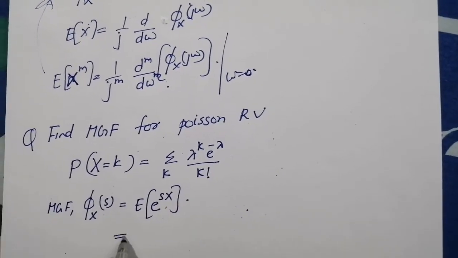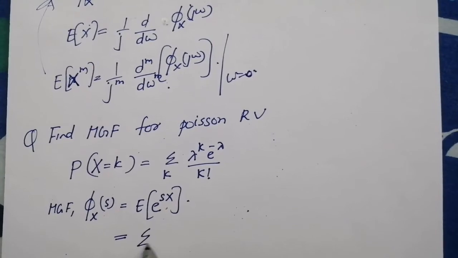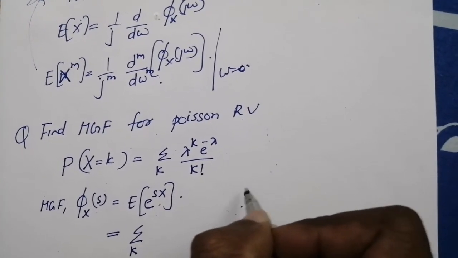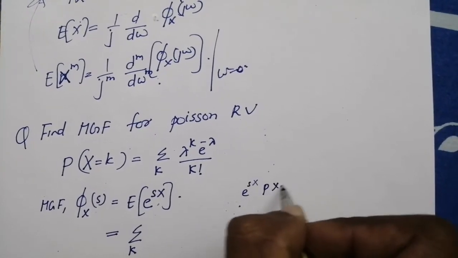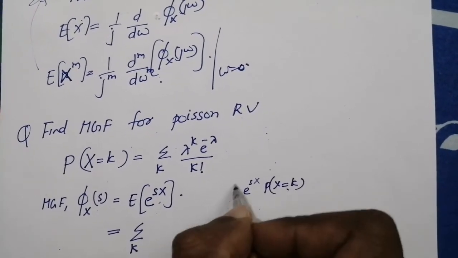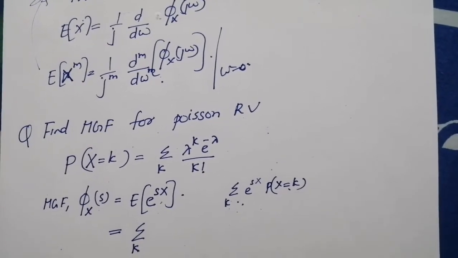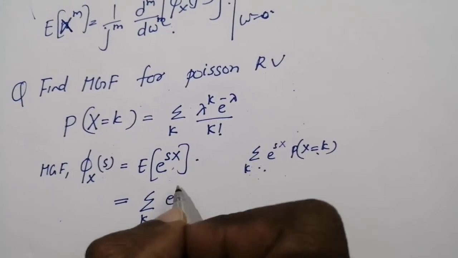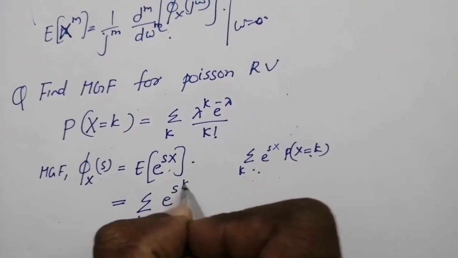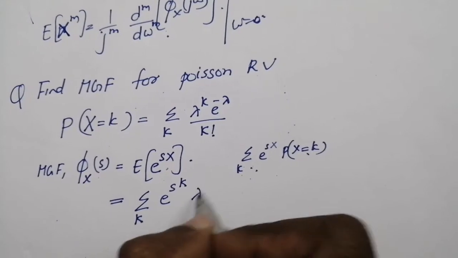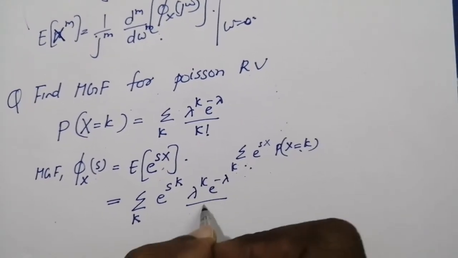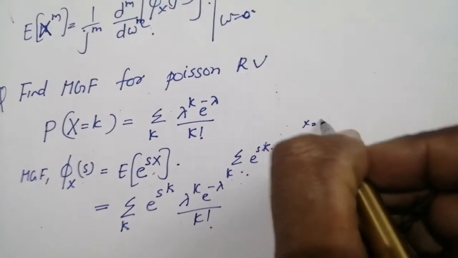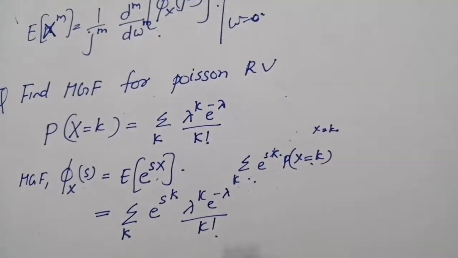This will be equal to the summation over all k of e raised to sx into the probability that x equal to k. Since x equal to k, the value taken by the random variable will be k.